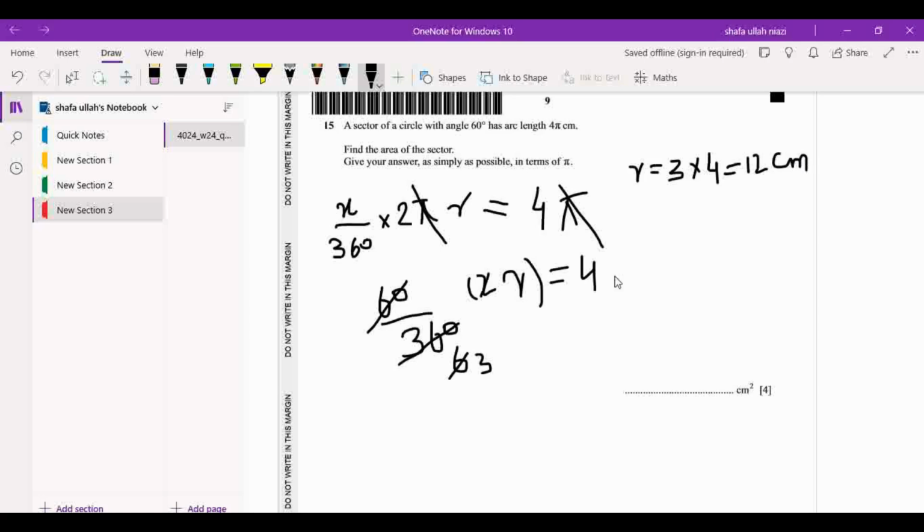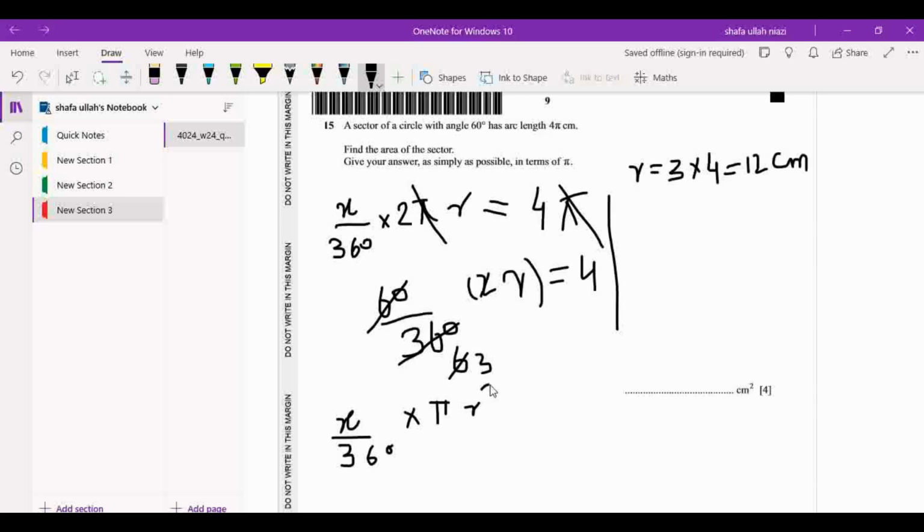Okay, so we have to find the area of the sector. I write it here: area of sector is x over 360 into pi r square.